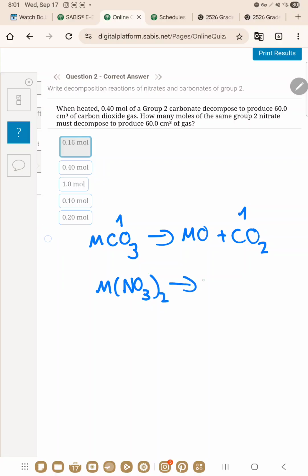Now, when we have metal nitrate, it decomposes into MO plus NO2, but when you balance it, you need 2 MO and you need like 2 NO2, I think. Yeah, 2 NO2 because you have 2 nitrogens. We don't need 2 MO, by the way, that was a mistake.